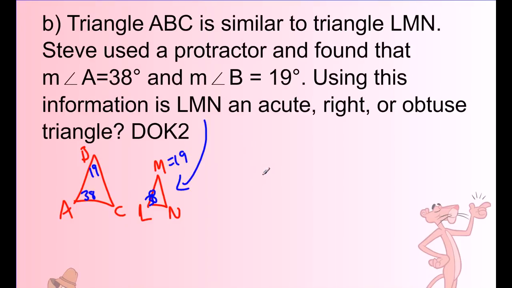All right. But in order to figure out if this is an acute, right, or obtuse triangle, we need to know all of the angles. So this angle N is my missing piece. That's the thing I have to figure out right now. Let's see. I know that all of the angles of a triangle add up to 180 degrees. So L plus M plus N should equal 180.